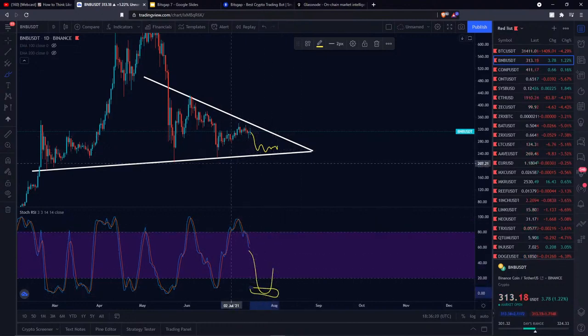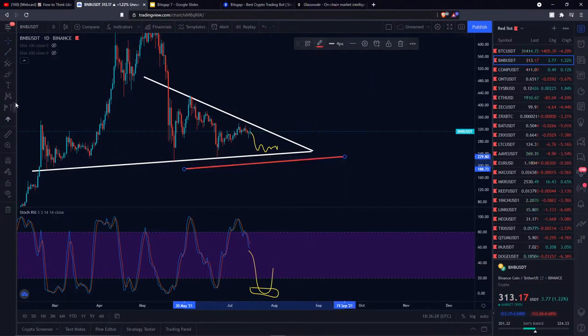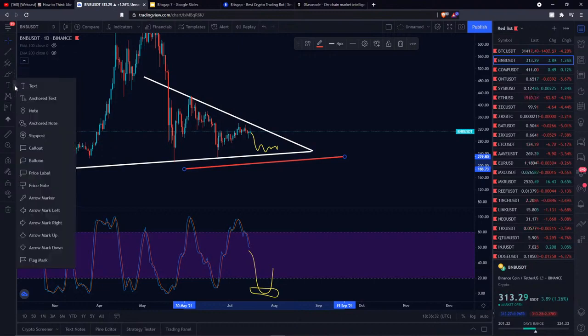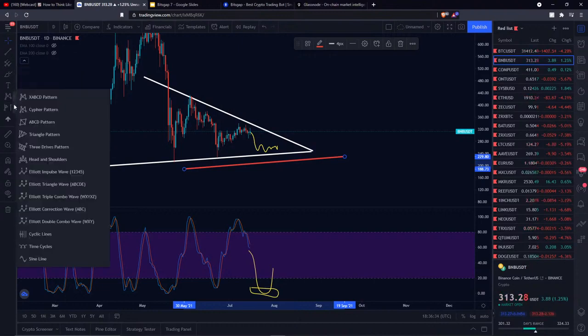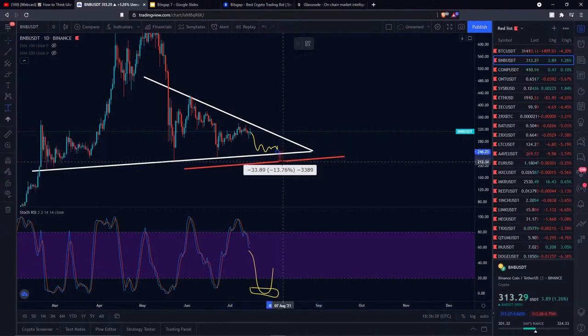This would be the best time for me to enter, because at that point I would set my stop loss around this area, and you would see that the distance from your entry price to the stop loss is actually a short one. It's around 13%, that's okay, right?